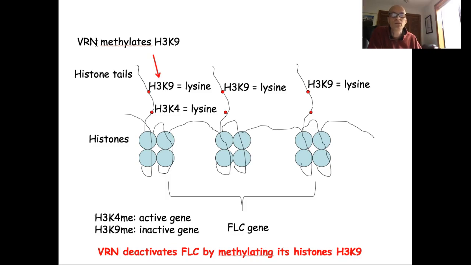It was treated with coldness. So this gene, for reasons that will become clear a little bit later in the lecture, is called the vernalization gene, VRN. And this vernalization gene, VRN, deactivates FLC by methylating these histones. So it methylates these histones.